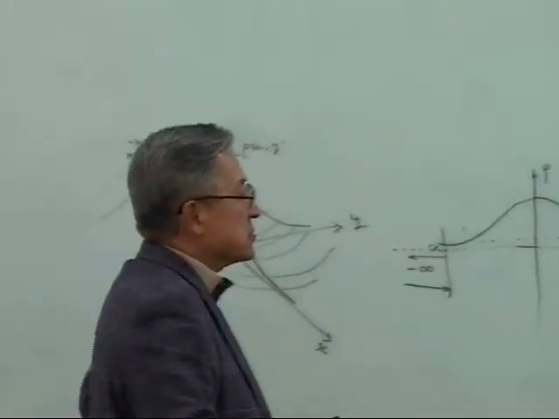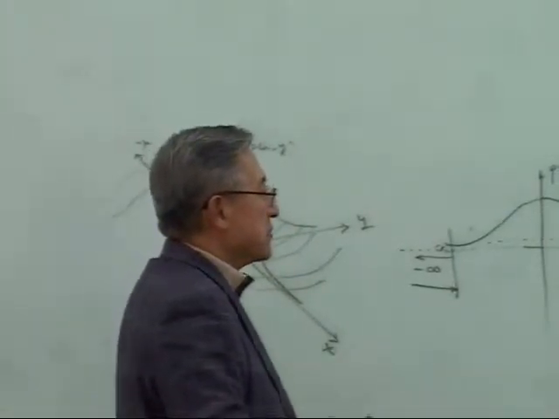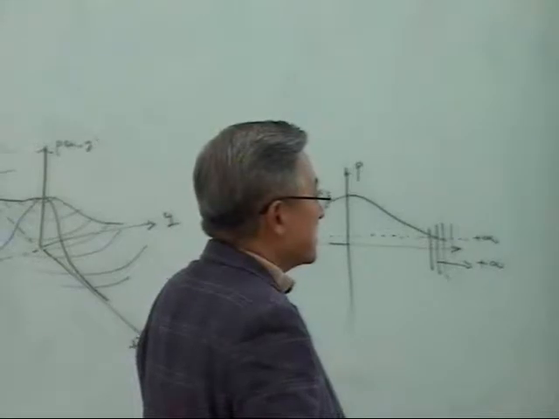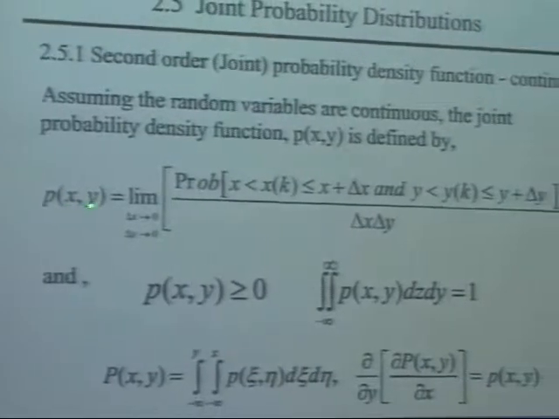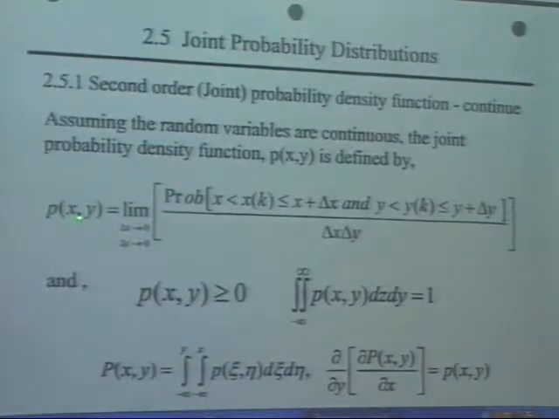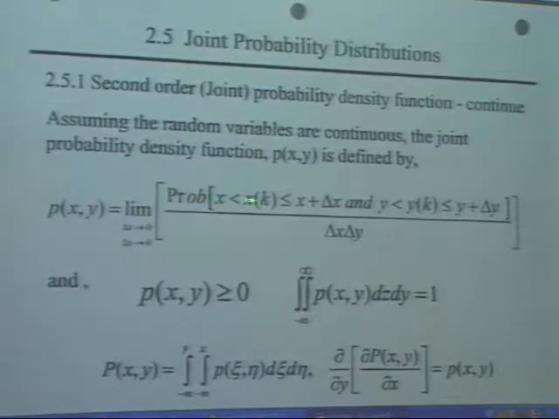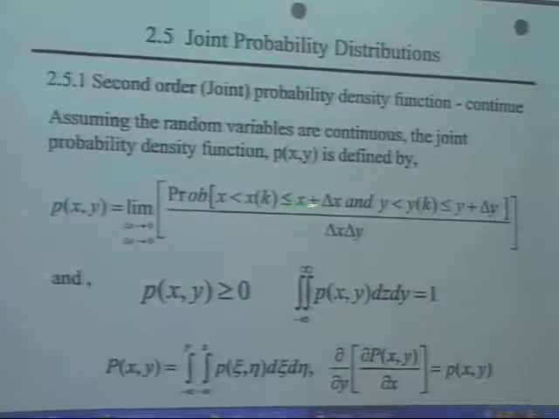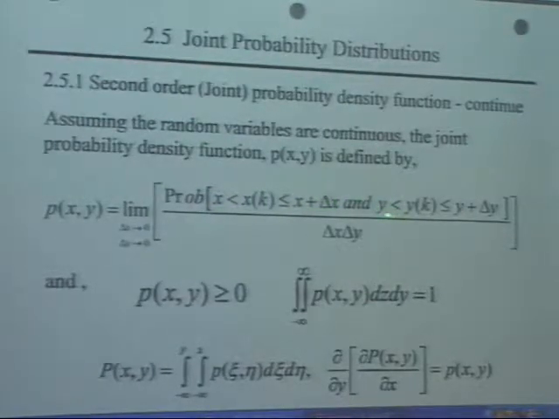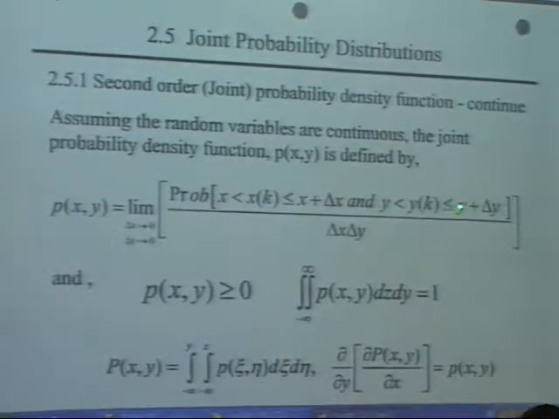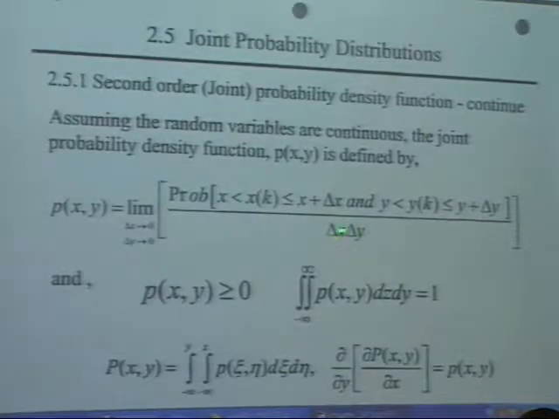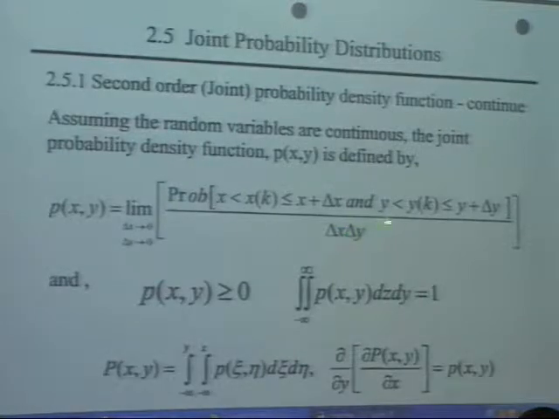Probability density function, as we did for the single random variable x, but now for the joint of two random variables, the probability density function is the probability that x is between x and x plus delta x, and y is between y and y plus delta y, divided by not just delta x but delta x times delta y.